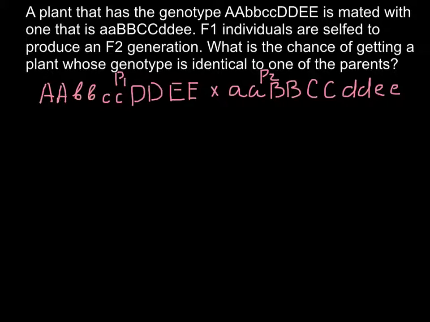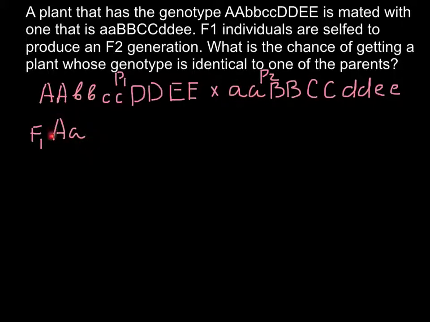And as you see, the F1 generation would be heterozygous for each allelic pair, because if we cross each allelic pair separately, you would see that here we would have capital A, small a, because this parent only can give capital A allele, because both alleles are capital A, and this parent can give to the next generation only small a allele, because this parent is homozygous recessive for this allele.